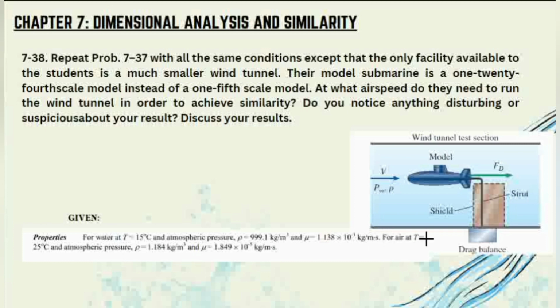For air at a temperature of 25 degrees Celsius and atmospheric pressure, our density is 1.184 kilogram per cubic meter, and our mu is equal to 1.849 times 10 raised to negative 5 kilogram per meter times second.